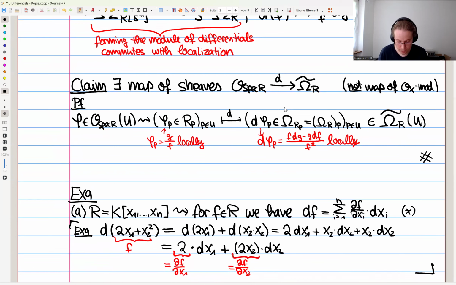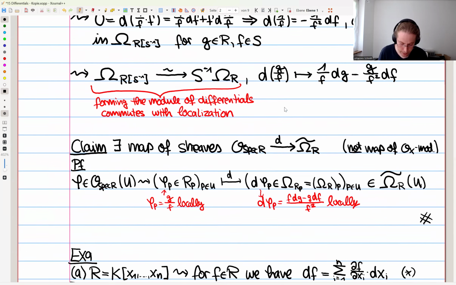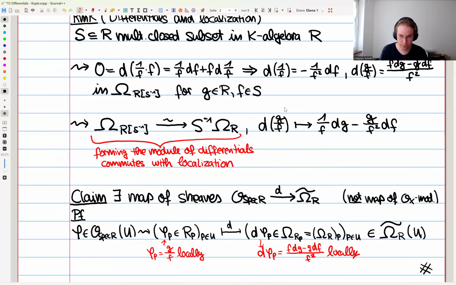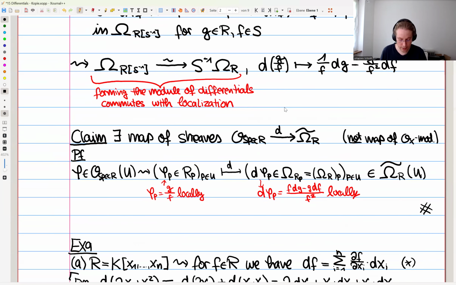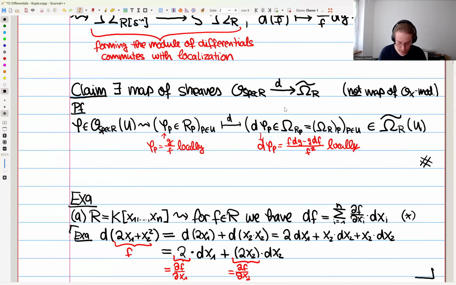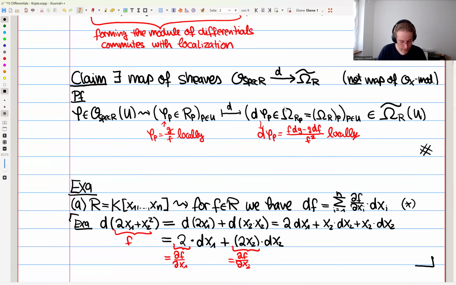Okay. So this was all pretty abstract, just writing these abstract generators, relations, and so on. But now we can actually see what this definition gives us on examples that we know. And the easiest example is just this polynomial ring over a field in n variables.